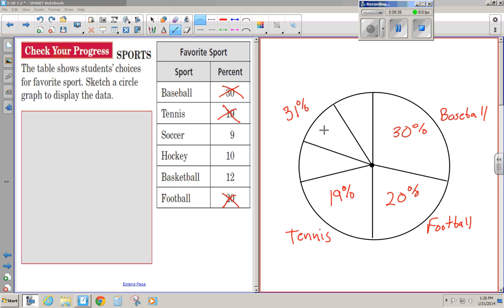So once they're broken up equally into thirds, one of them needs to be larger than the other by a tiny, tiny bit. Once I move that, this was 10%, now is 9%. 9% is soccer.